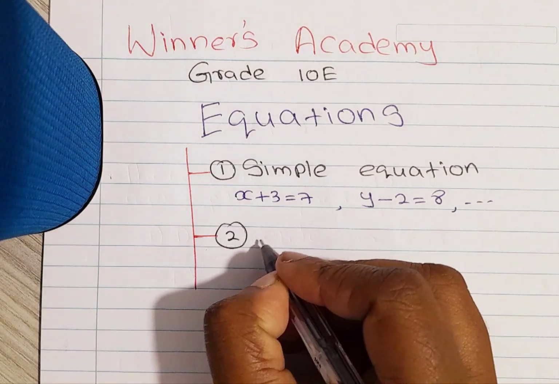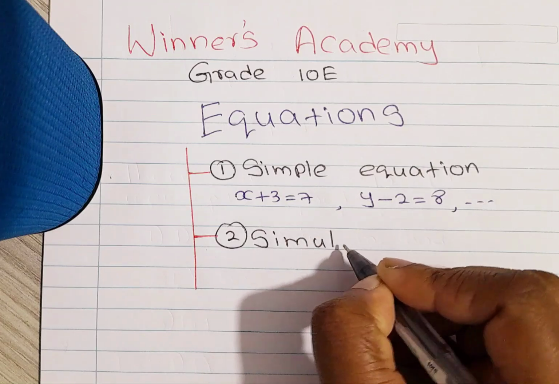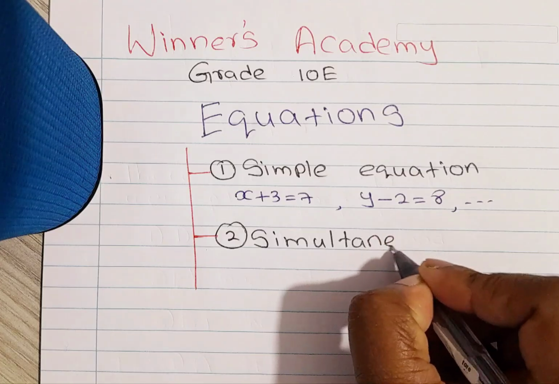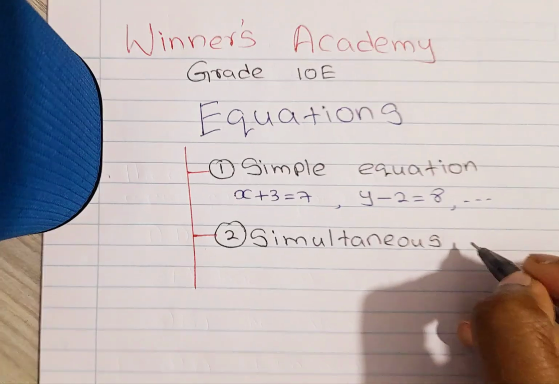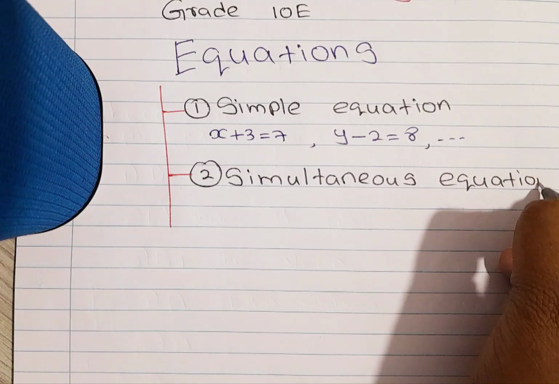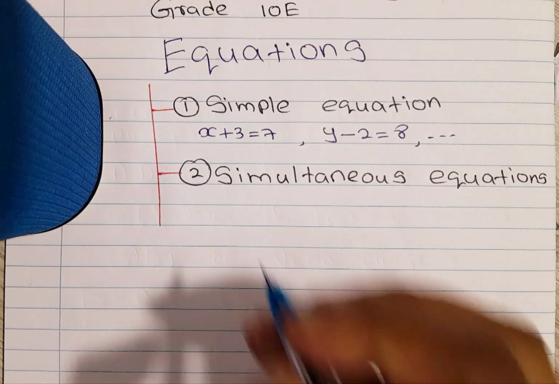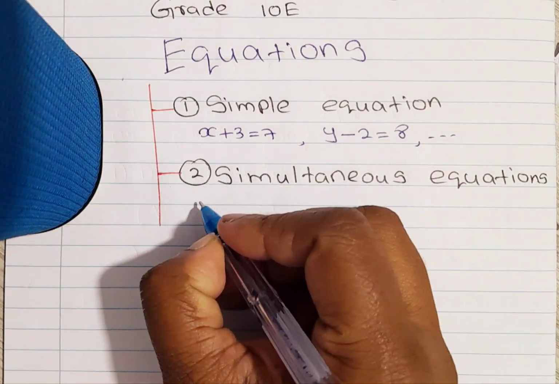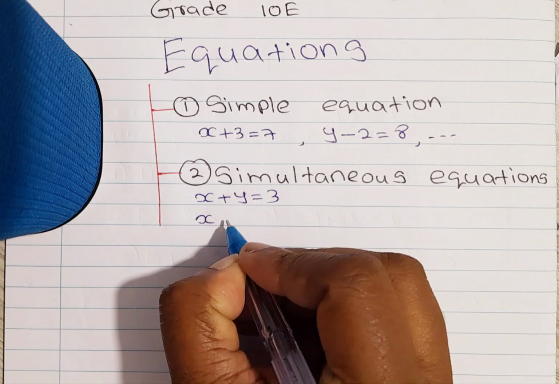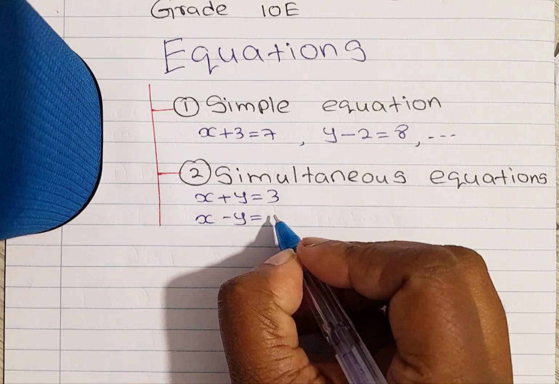We can write down simultaneous equations like here: x plus y equals 3 and x minus y equals 1, like that, right?